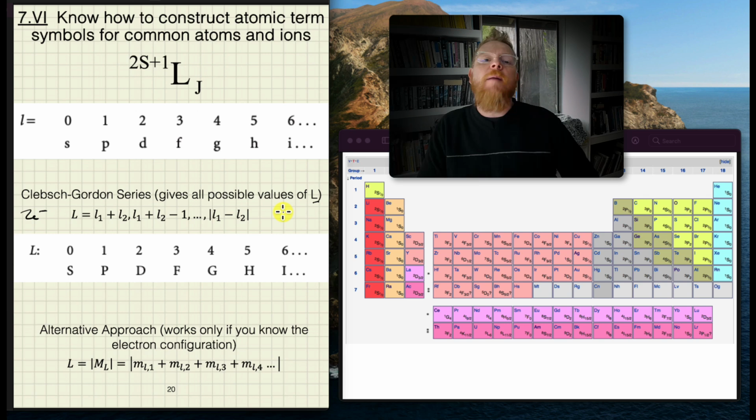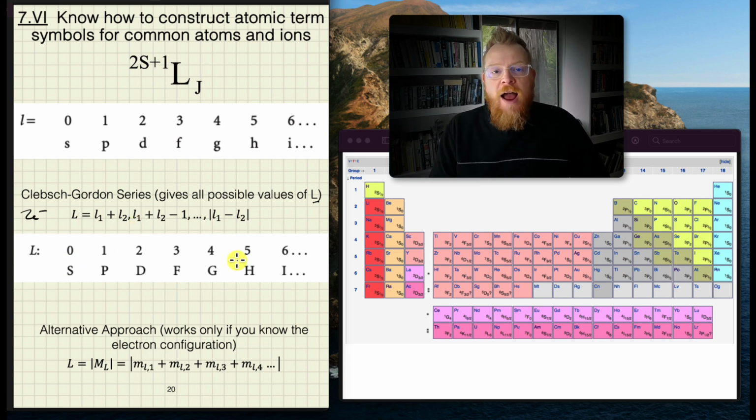Once we have those values, we ascribe a letter to the corresponding number. It matches our little l values, we just use capital letters instead of lowercase. So when big L is 0, we give it a big S. When big L is 1, we give it a big P, and so forth.